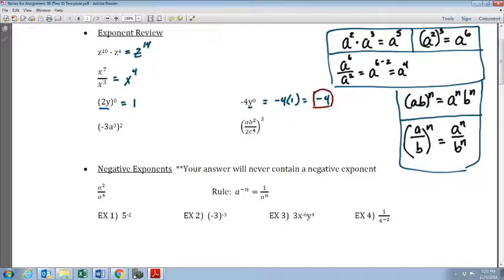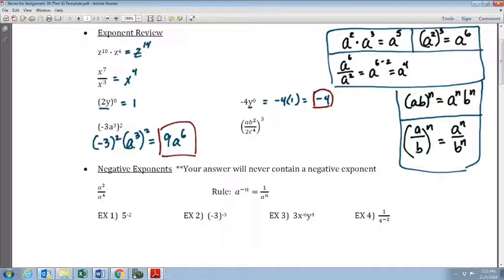So here we have negative 3a cubed, squared, so we're going to square the negative 3, and we're going to square the a cubed. So negative 3 squared is 9, and then here we have a power to a power, so we're going to multiply the exponents, and we get 9a to the 6th.